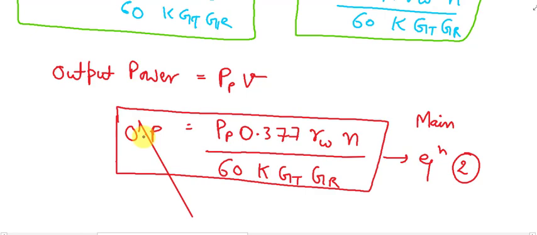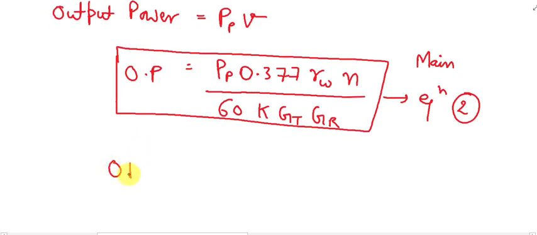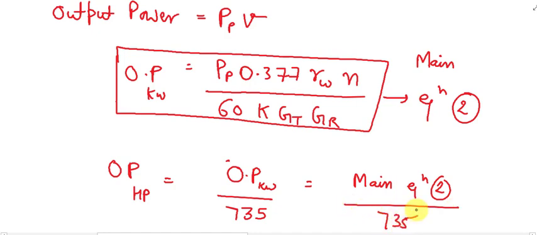Convert this output power into horsepower. So output power into horsepower will be OP, this is kilowatt, divided by 735, or we can say that main equation number 2 divided by 735.